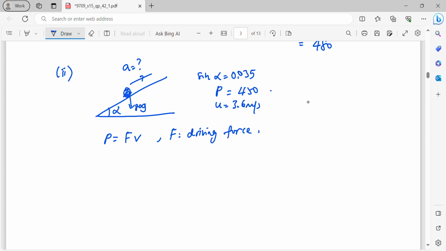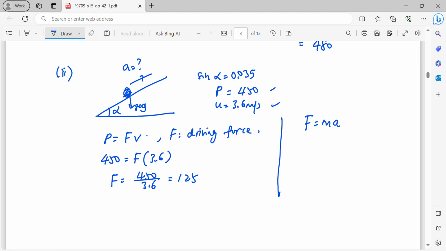My P is 450, the driving force is unknown, and the speed is 3.6. That means F is going to be 450 divided by 3.6. Therefore, you'll be getting 125. That's the driving force.